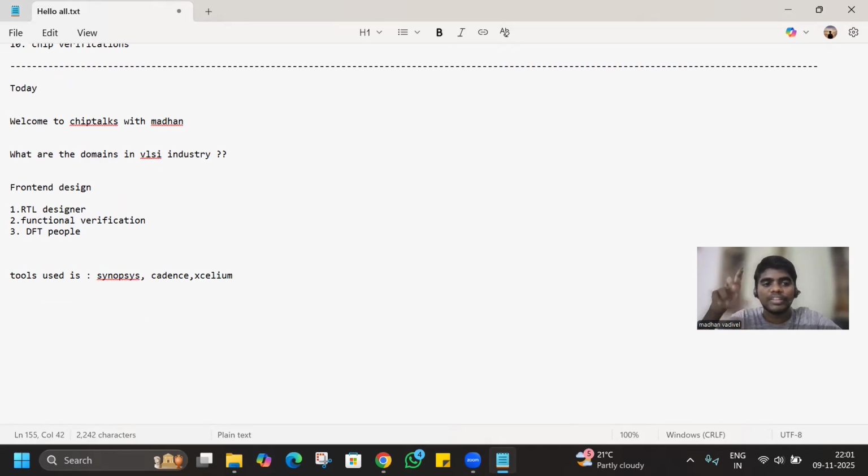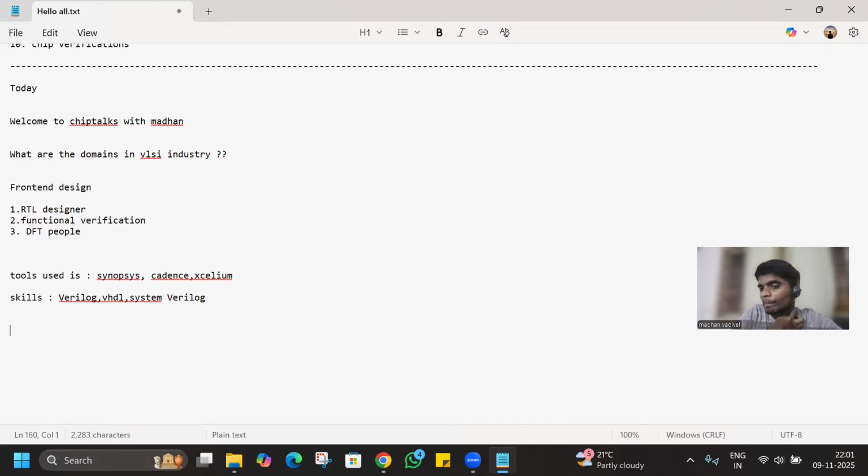These are the tools used by the front end designer, through functional verification and DFT. As for skills, they write the logic in Verilog, VHDL and SystemVerilog. These are the things they should be good at when you choose front end design.